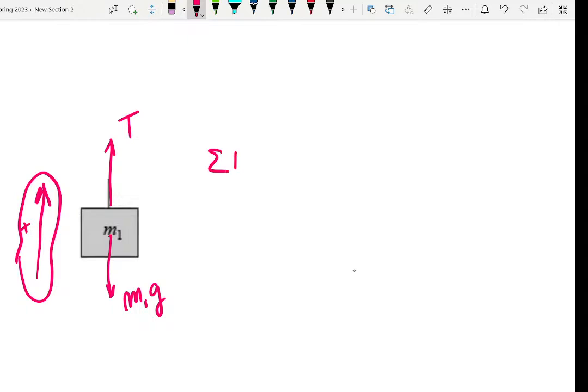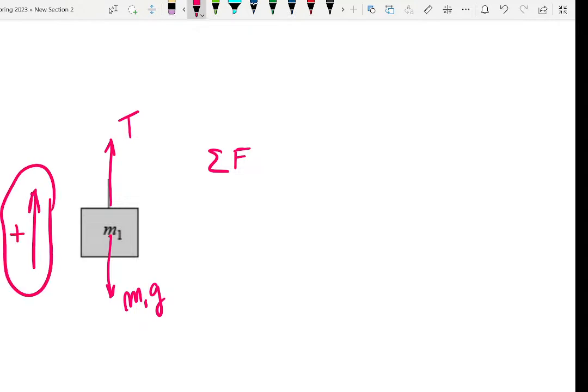So, the sum of the forces in y is equal to mass times acceleration of y, but I'm just going to say it's implied that this is the direction I'm doing it in. Remove those subscripts.